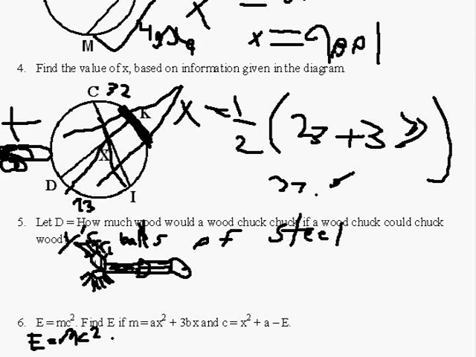So find E if m equals macho, a equals ass, x equals zebra, times 2 plus 3 bitches, 3 bitches times Xboxes, and C equals Xboxes times 2 plus ass minus enormous. You know what? I typed these numbers into my calculator and the answer is hairy nipples.